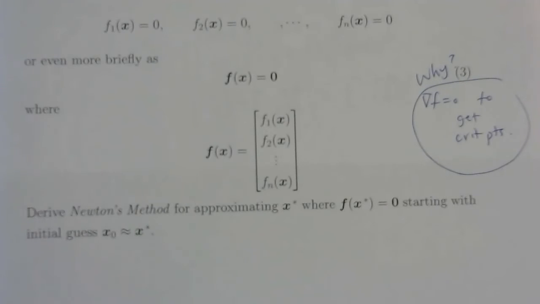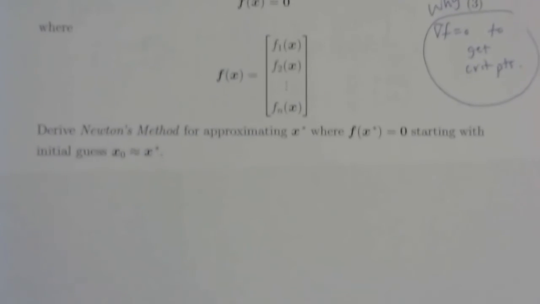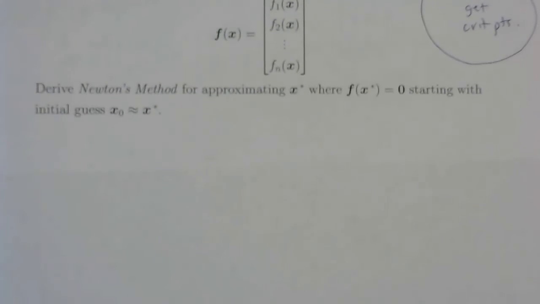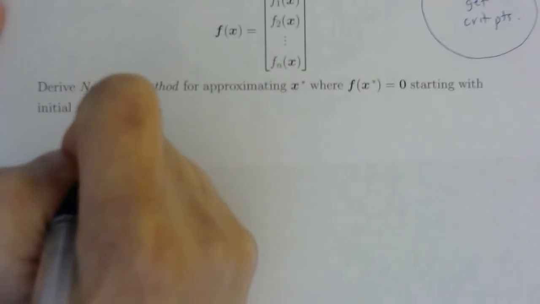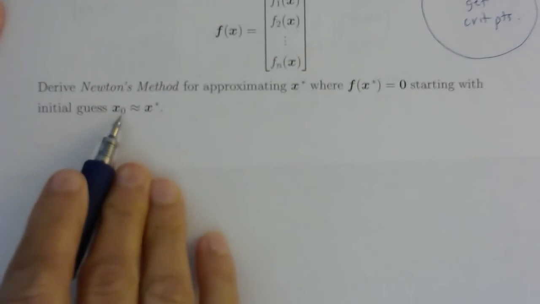Okay, so let's derive Newton's method, just as we had for scalar valued functions. Now for a vector valued function, I'm given, just the same as before, some initial guess.